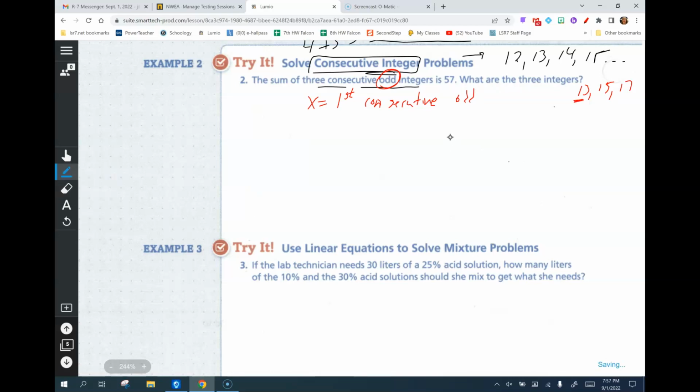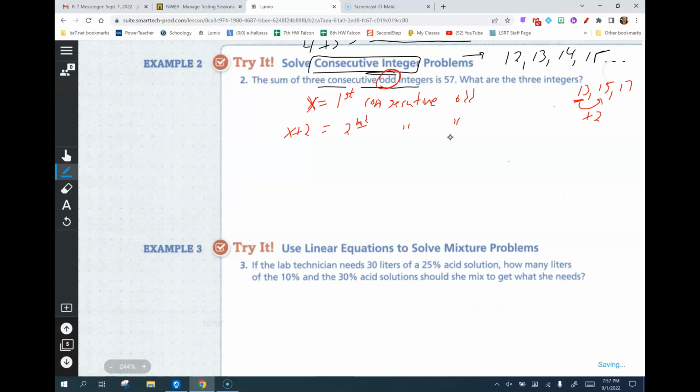So what do I do to 13 to get to 15? I add 2, right? So if I want my second consecutive odd, then I'm just going to add 2 to the first one. What's my first one? X. So my second one is x plus 2.